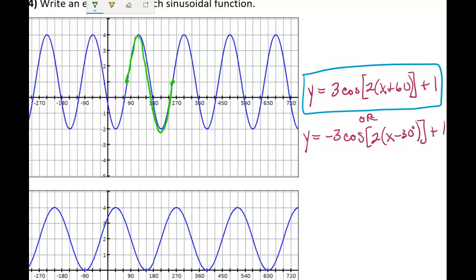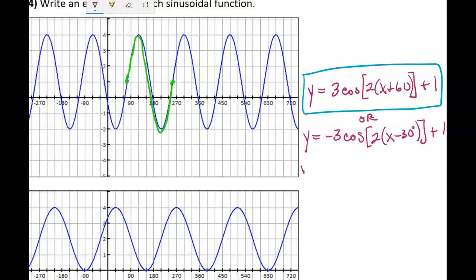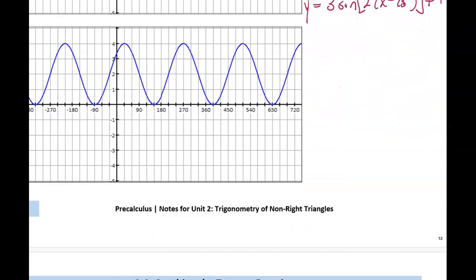Our phase shift is somewhere between 60 and 90, right? Halfway in between that would be 75. So there's another possibility here, y equals 3 times the sine of 2 times x minus 75 degrees plus 1. The possibilities are actually endless depending upon where you start and end your cycle. So just something to be aware of. There's multiple answers. All right, let's check out the last one here.